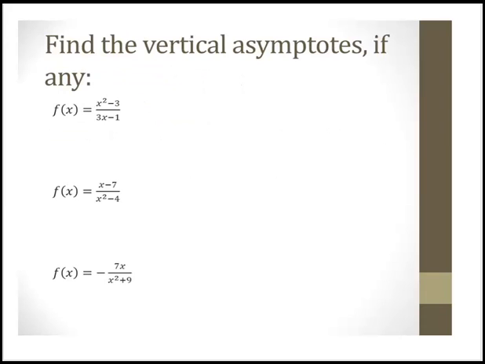Alright, so let's see some examples where we're just trying to find vertical asymptotes, if any. We have the function f of x equals x squared minus 3 over 3x minus 1. So notice that 3x minus 1 equals 0; add 1, divide by 3, implies that x equals 1/3. Now, can I factor the numerator?